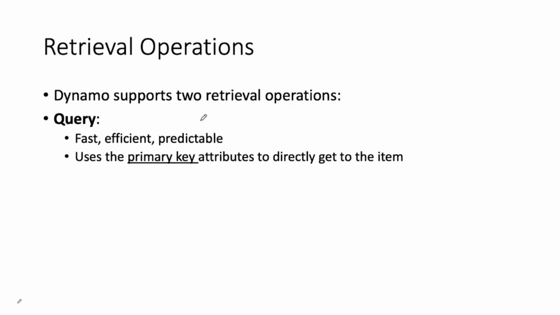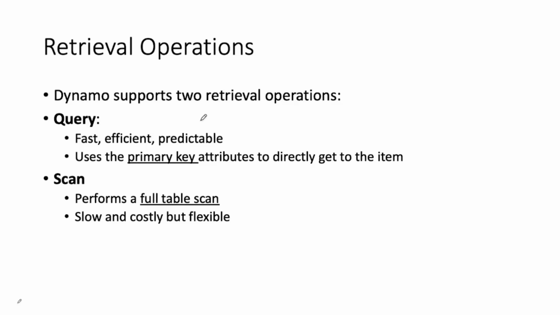Once again, more on this in the upcoming slides. I just want to mention that query is the fast and efficient approach to retrieve data. So it uses the primary key to directly get to the data. It doesn't have to do any scans of the table. The other operation is the scan operation, where it is going to perform a full table scan to get to the data that is being searched.